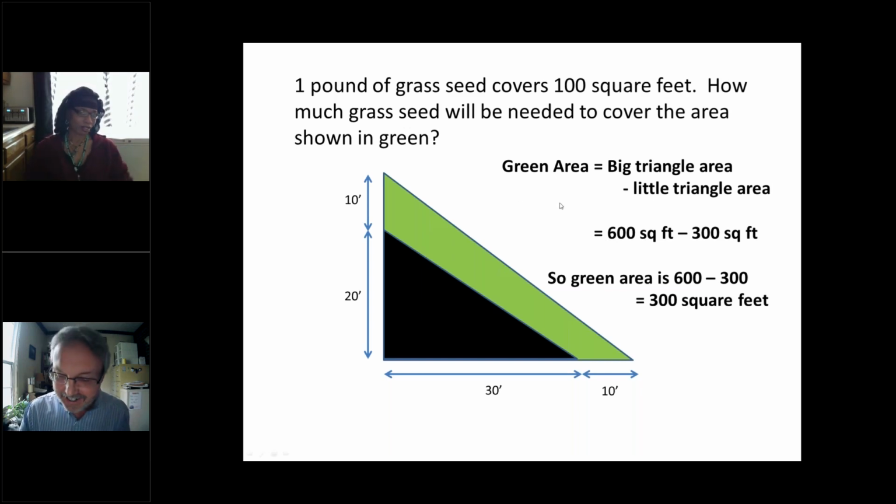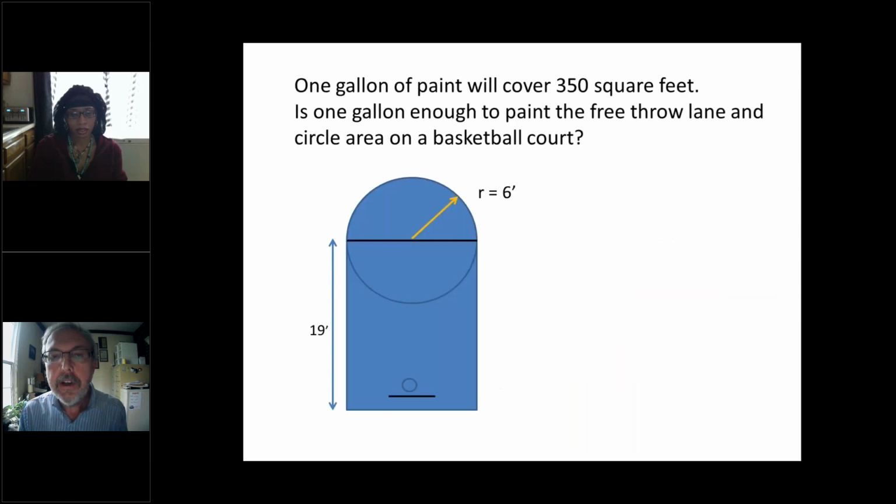Okay. All right. So we'll go on to one other problem, and we'll see how we might solve this one. So we know that we have 1 gallon of paint, and that gallon of paint can cover 350 square feet. So what we want to do is paint the area on a basketball court that is the entire free throw lane.